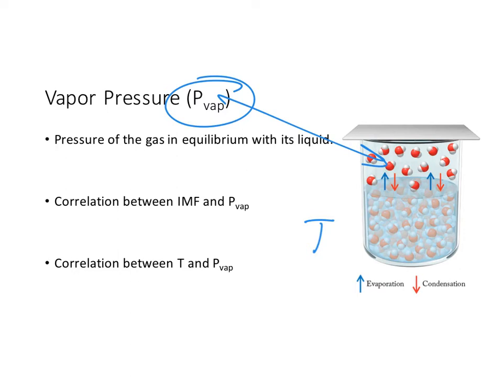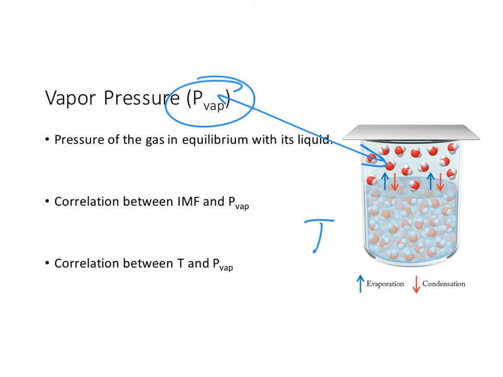Now there's a correlation here between vapor pressure and intramolecular forces, and I think it's pretty easy to understand. The greater the intramolecular forces between the water molecules, the more they're going to want to stay in the liquid phase, and the more reluctant they will be to evaporate.